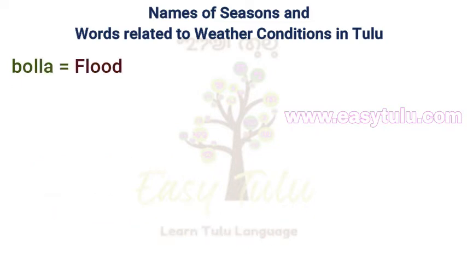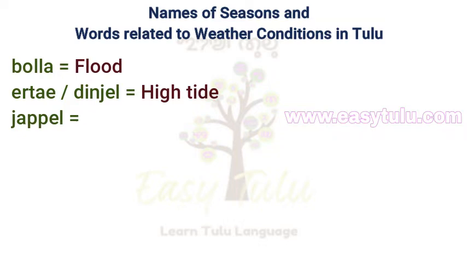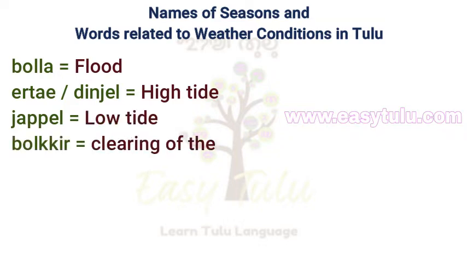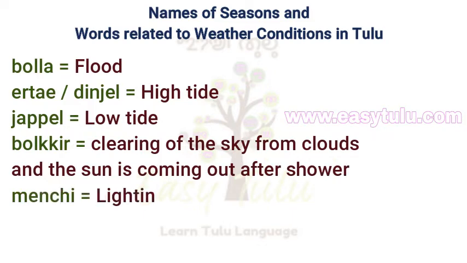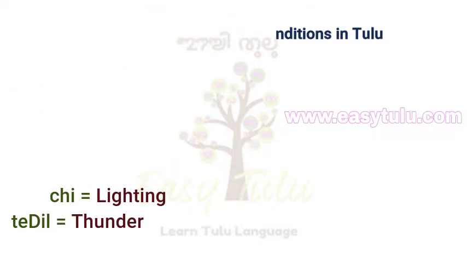Bolla, flood. Yerte or Dinjel, high tide. Jappel, low tide. Bulkir, clearing of the sky from clouds in rainy season. Minchi, lightning. Tedil, thunder. Okay, now let us see example sentences.